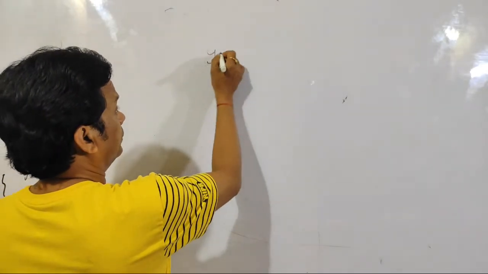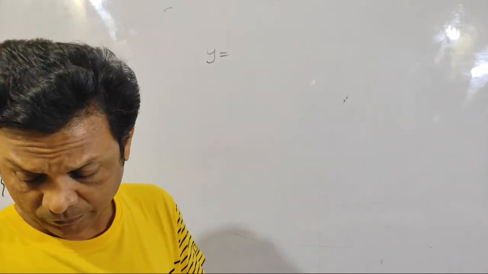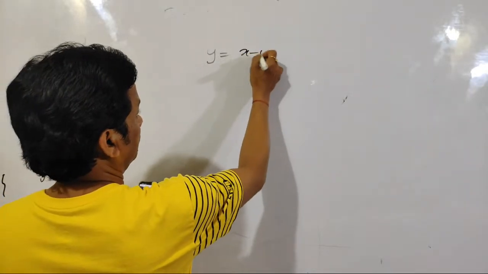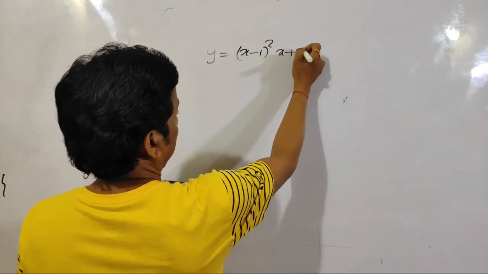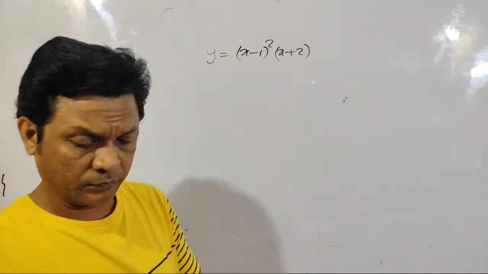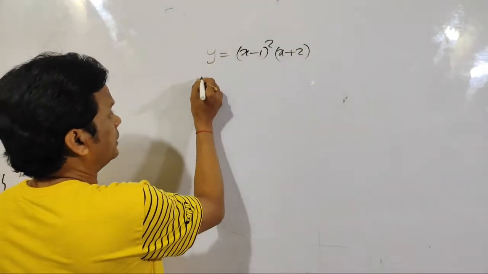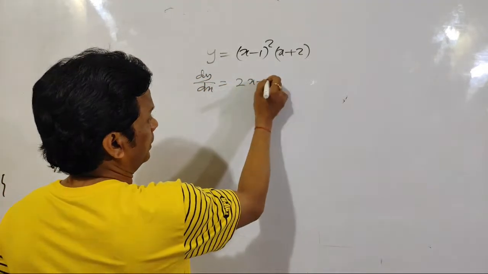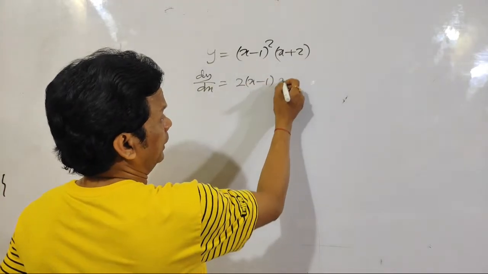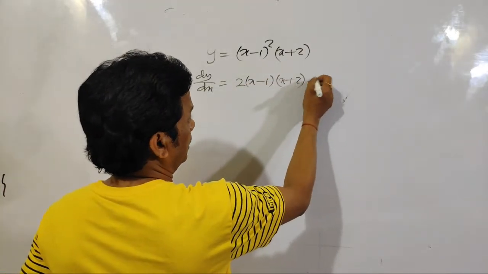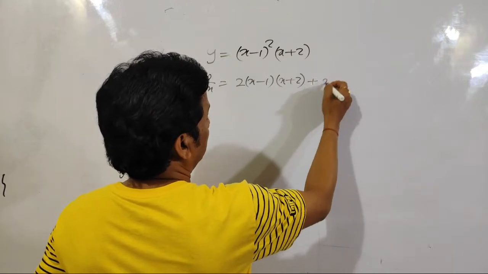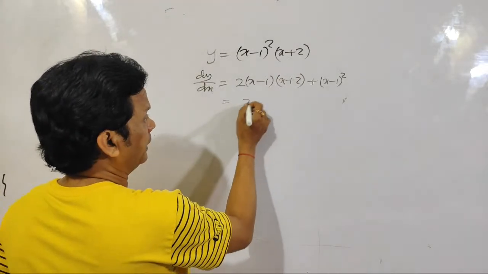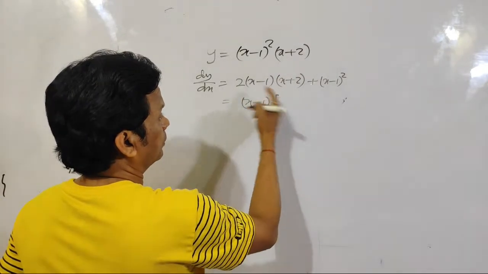Y is equal to, another example, x minus 1 whole square into x plus 2. So what is dy by dx? 2 into x minus 1, the derivative of this one, I am applying the product rule, into x plus 2, plus x minus 1 whole square into the derivative of x plus 2, which is 1. So I am taking x minus 1 common.